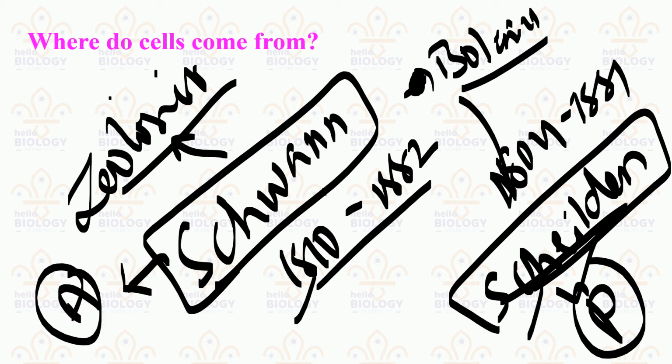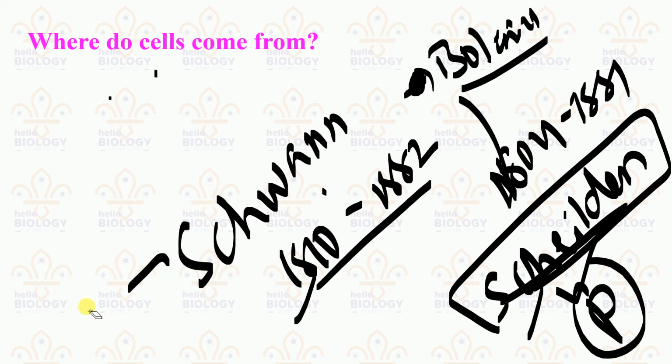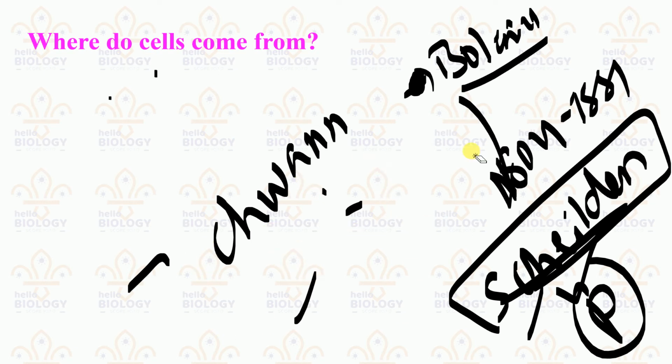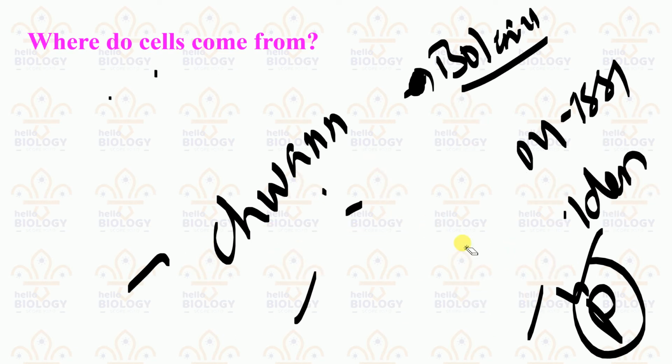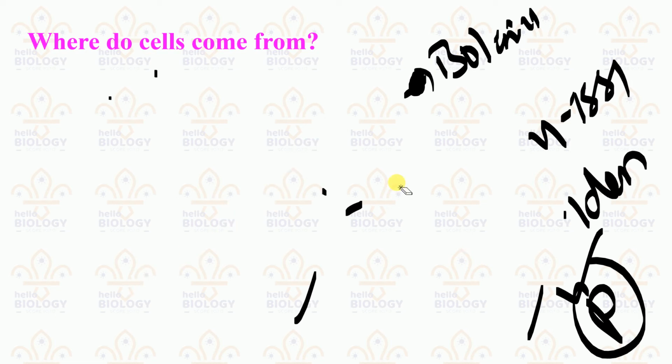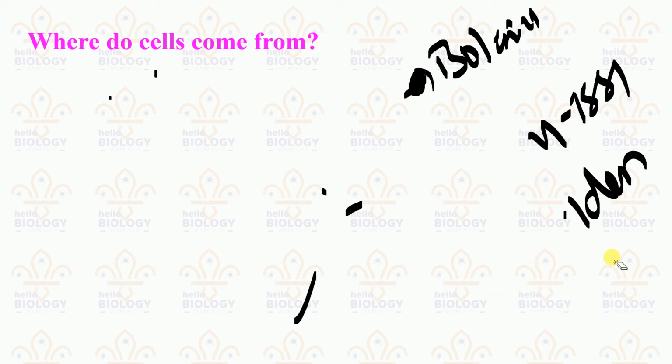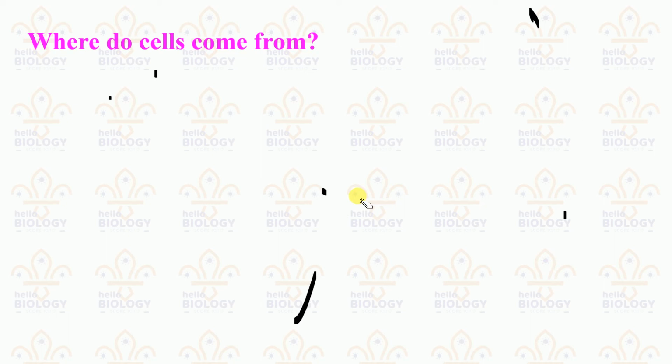Then while doing the research, they recorded that quite a few scientists had recognized that cells were present in living organisms and were expressing in their own ways. However, Schleiden and Schwann were the first to claim where cells come from, with a theory.